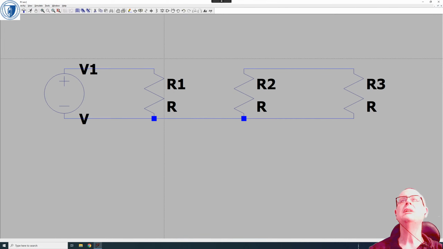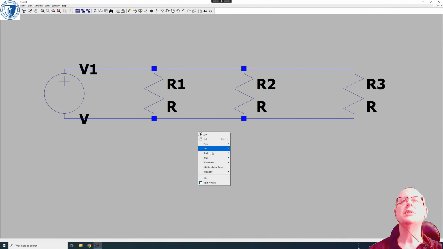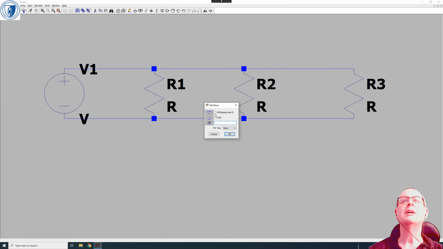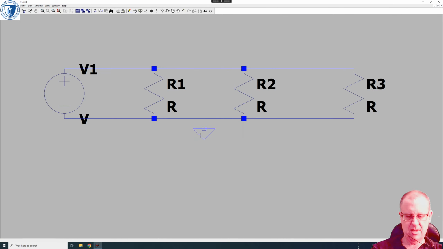That's not very clever now, is it? So that's that, and then escape, and then is it label net? There we go, to get the ground on there. And then F3 again to connect up the ground.